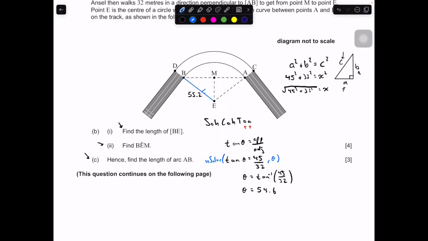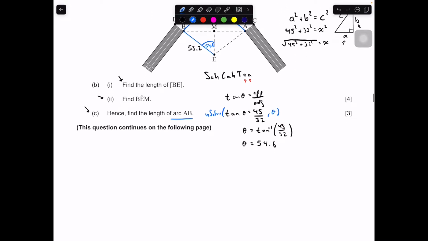We know that this theta value was equal to 54.6 degrees. And if we want to find the arc of AB, we want to find this length that we sweep through, this portion. This is given to us in the formula booklet. I'm going to write it out here, however.